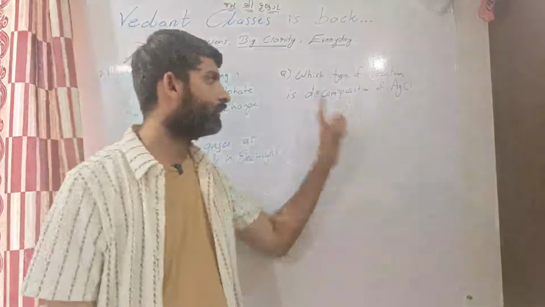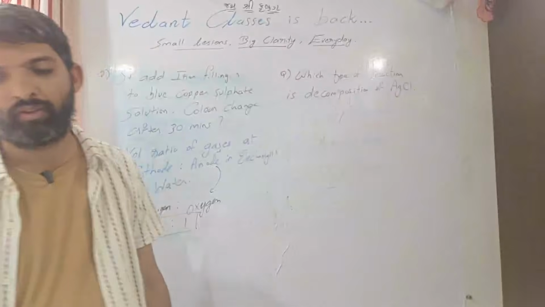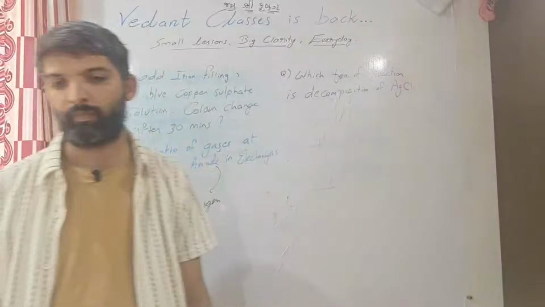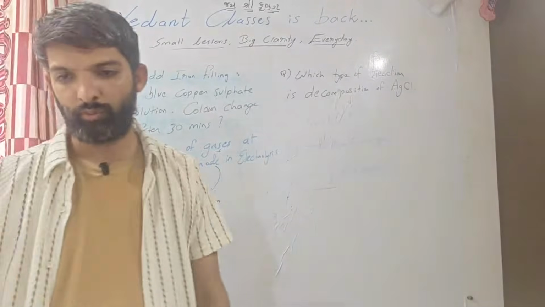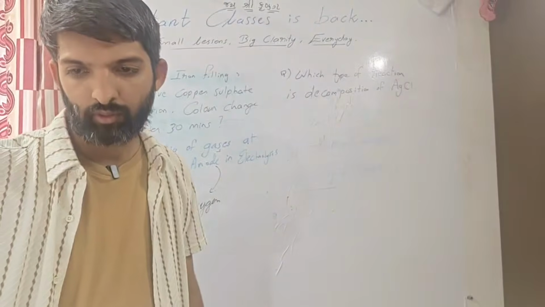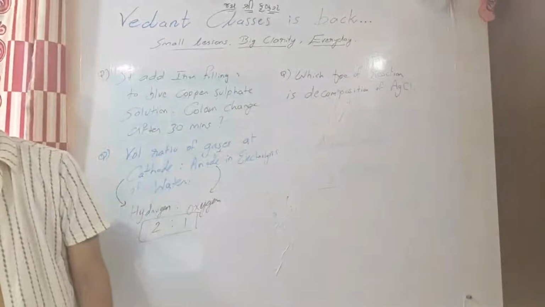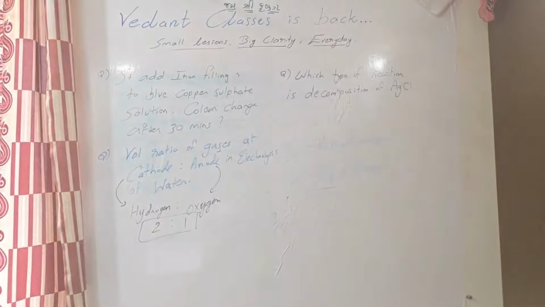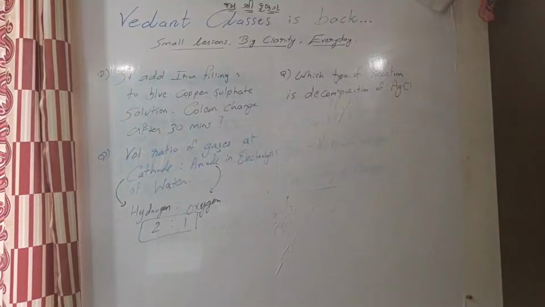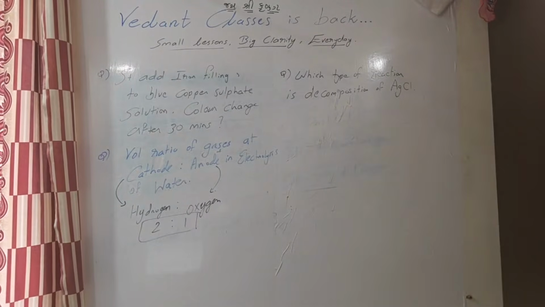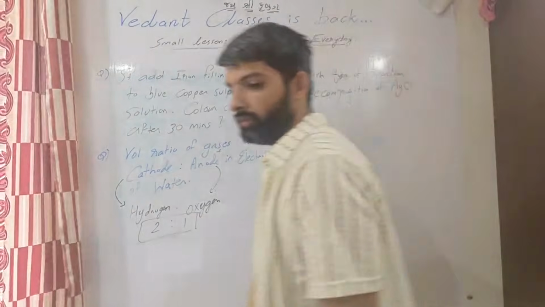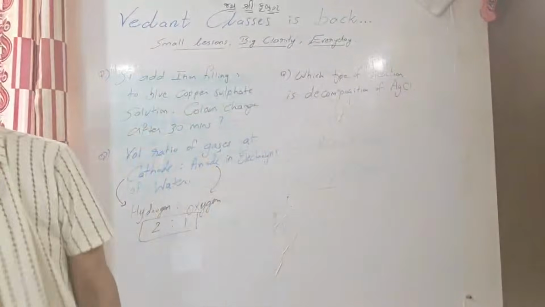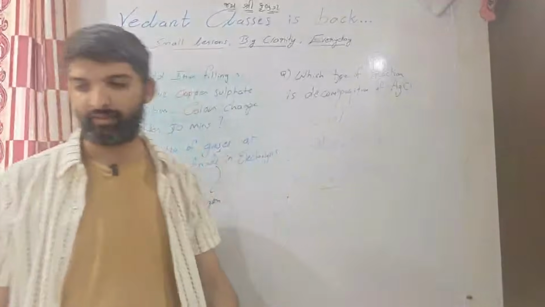Which type of decomposition reaction, you can say, is AgCl? Photo, what it is mentioned? Photochemical. Photolytic decomposition is the right answer. Very good. Next question.